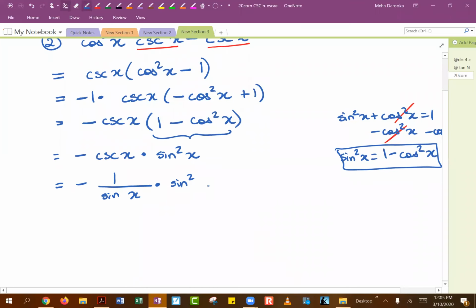And what do you think will happen when we simplify it? Cancel one of the sine functions out, right? So one of the sine functions will cancel out, leaving us behind with just a negative sine of x.